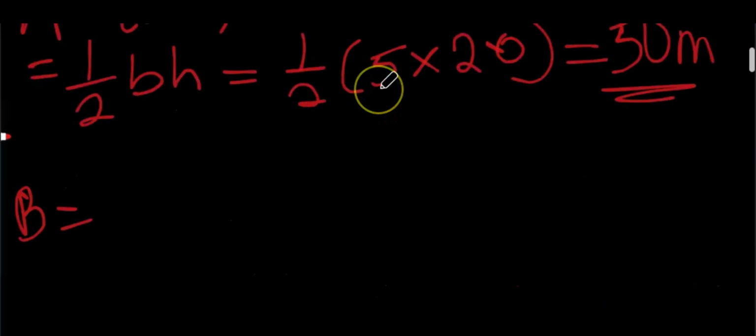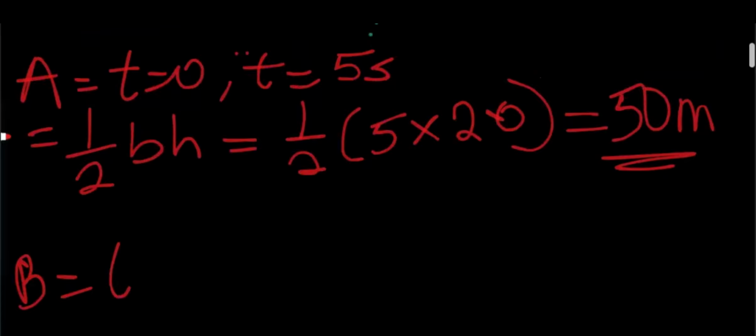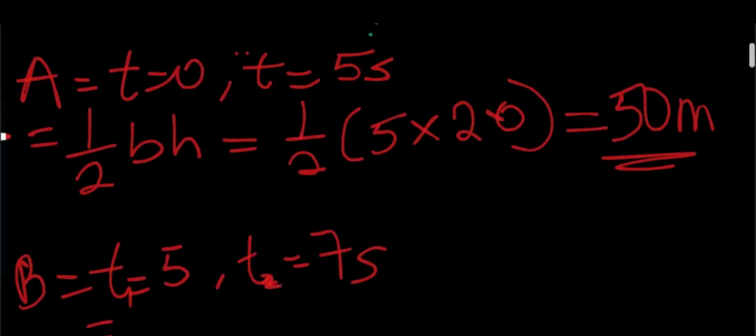So for B, t1 is 5 and t2 is 7 seconds. Since B is in the opposite, negative direction, it will be negative half base times height.